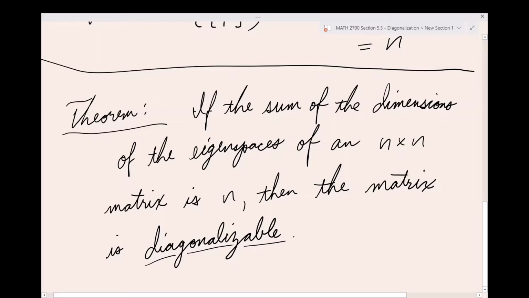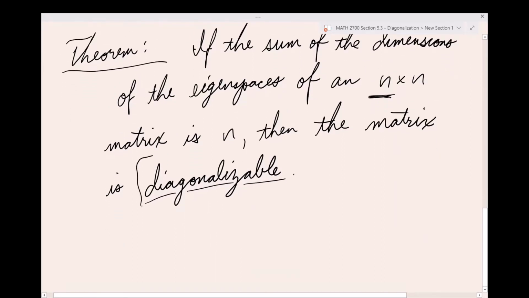Okay, so our big point here is that once I found bases for all my eigenspaces, if the number of eigenvectors I got adds up to the dimension of the matrix, or just the n, then that matrix ends up being what we would call diagonalizable.